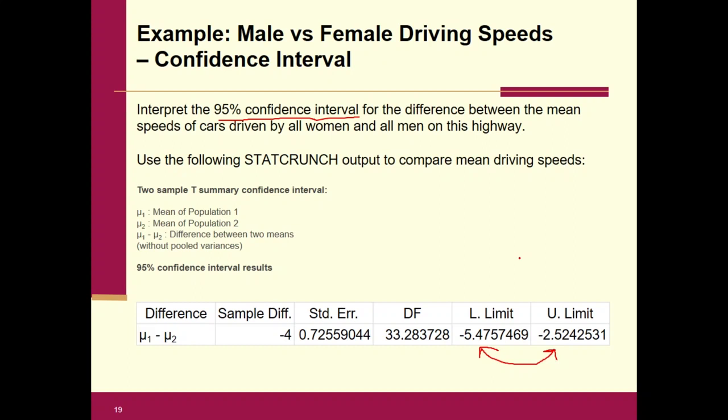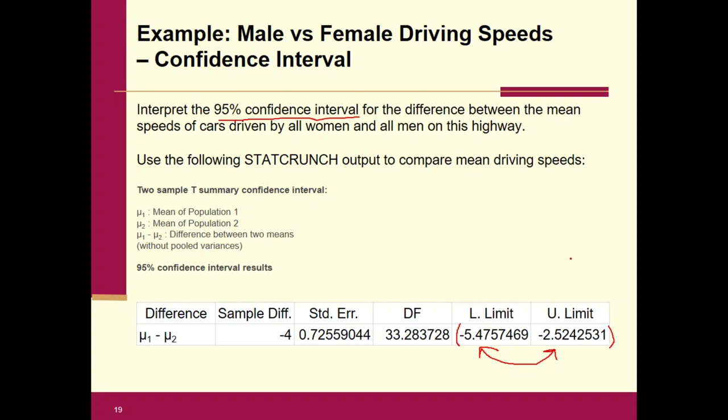You have to run the hypothesis test, and then if you want the confidence interval, you've got to run a separate test. You can't do it all in one shot like you did in Minitab. So here our confidence interval goes from a negative 5.48, if we rounded, to a negative 2.52.